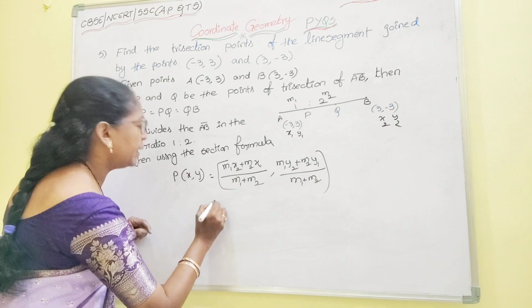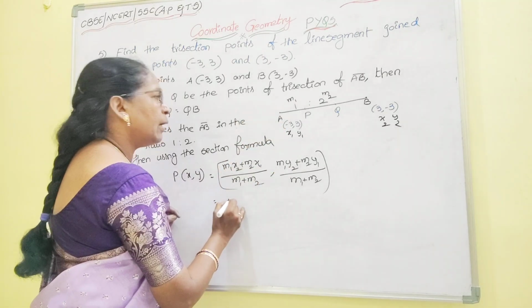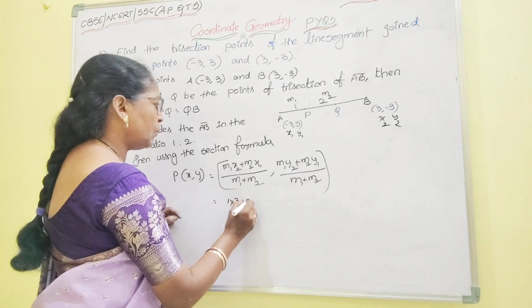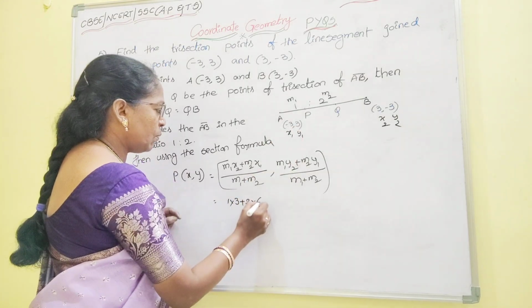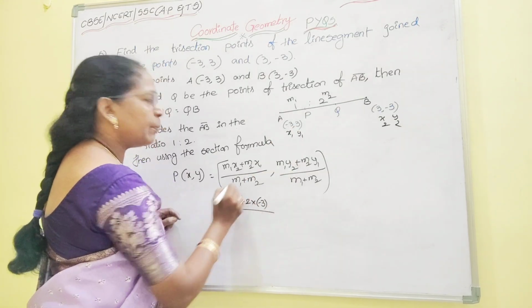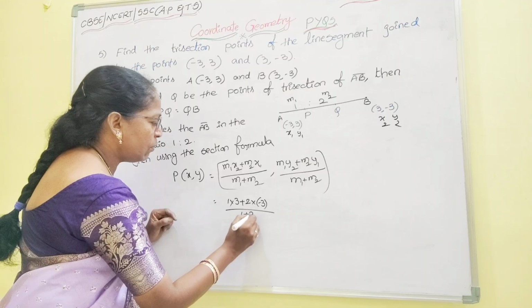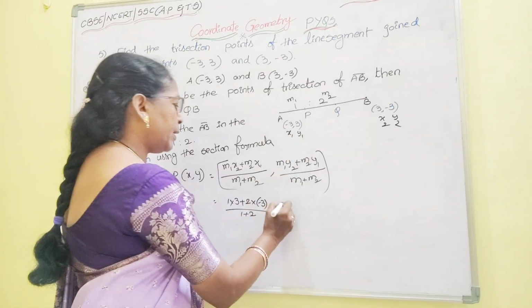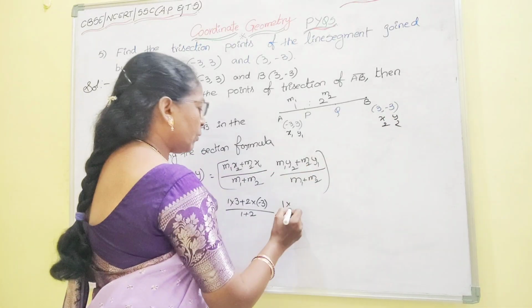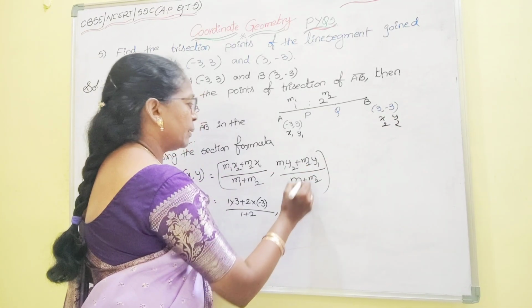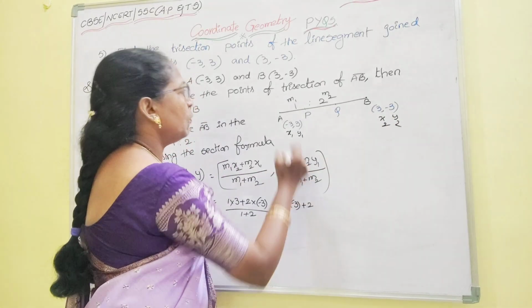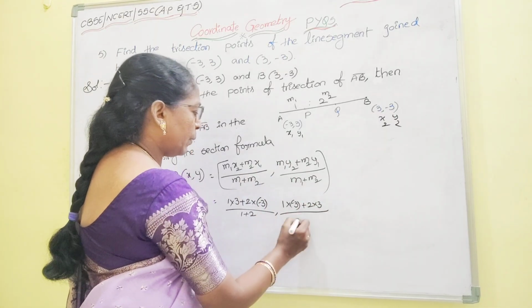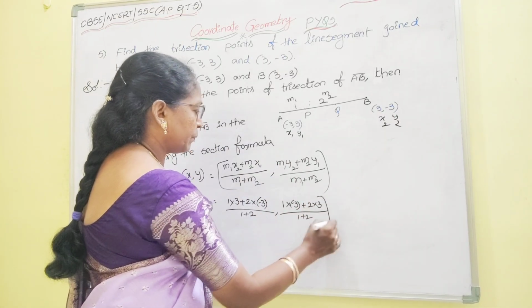Now substitute: m1 equal to 1 into x2 equal to 3 plus m2 equal to 2 into x1 equal to minus 3, divided by m1 plus m2 equal to 1 plus 2, comma m1 equal to 1 into y2 equal to minus 3 plus m2 equal to 2 into y1 equal to 3, divided by 1 plus 2.